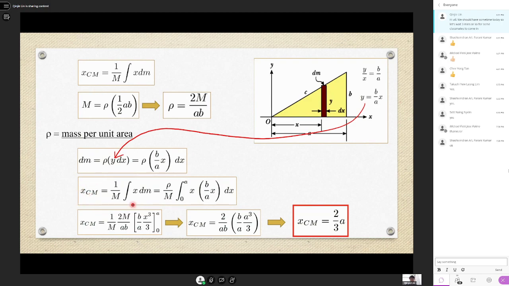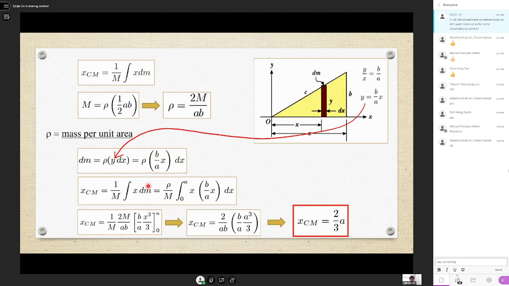So now we can apply the general formula to find the xcm. So xcm general formula is given by this. Now we know dm can be substituted with this entire thing here, and we also know this rho inside can be substituted with this one.